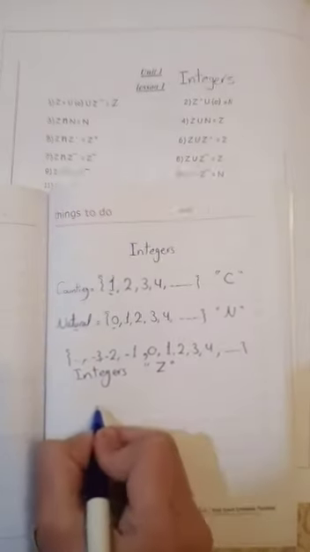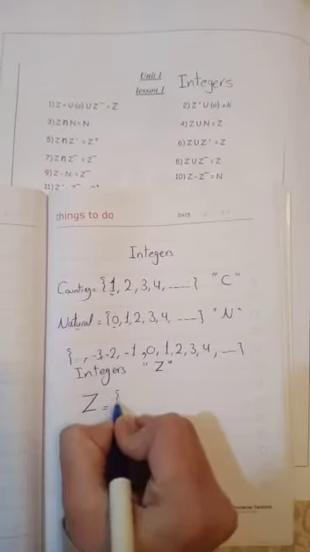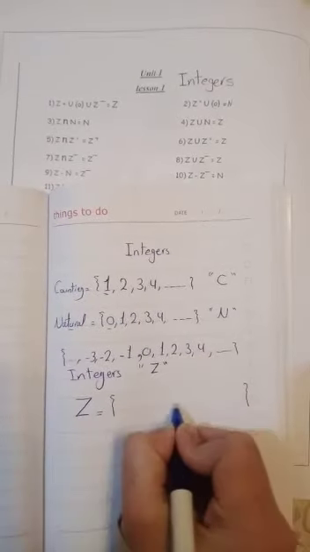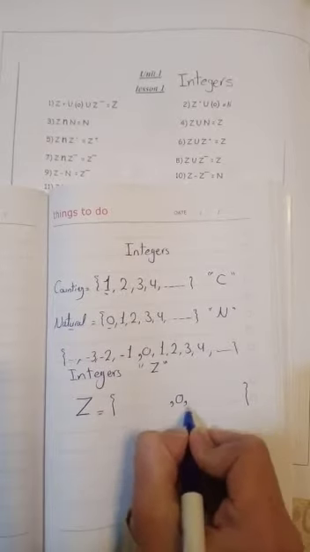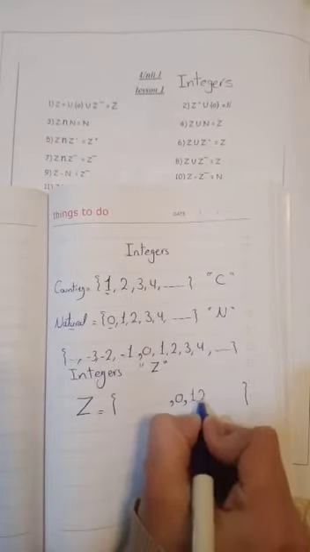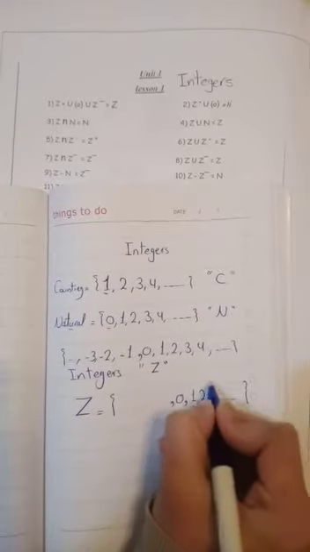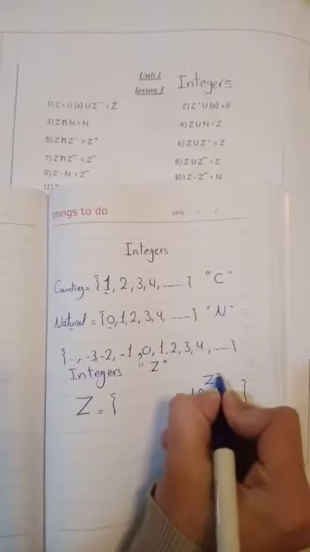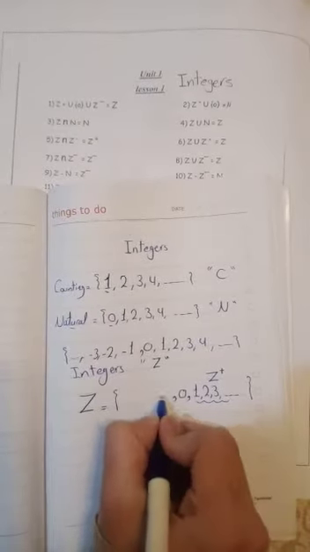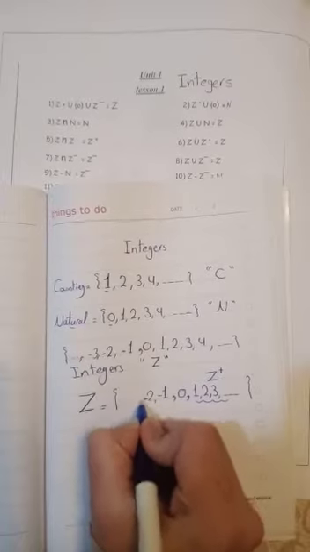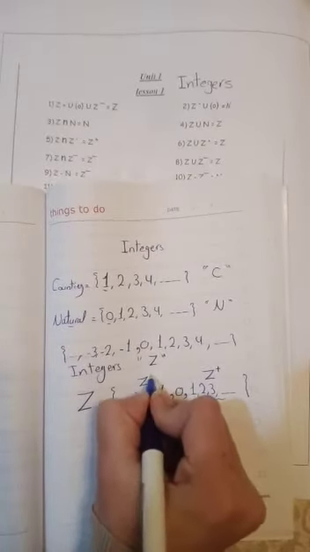So Z, the integers, has 0 in the middle, numbers greater than 0, like 1, 2, 3, and so on. These numbers are called Z positive. Numbers smaller than 0, negative 1, negative 2, negative 3, and so on, are called Z negative.